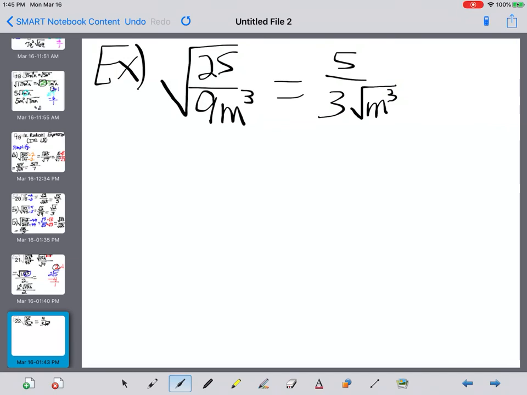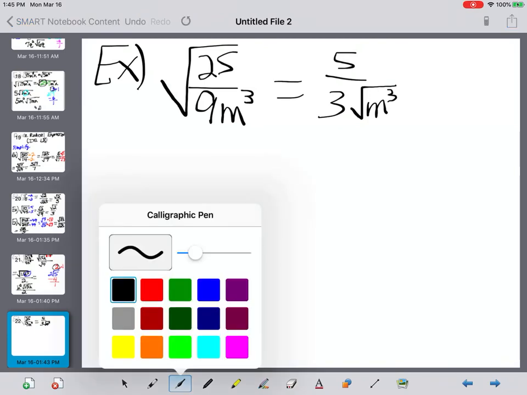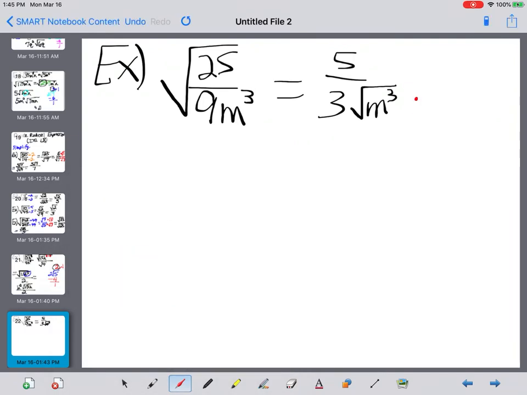One thing I could do first would be, there's multiple ways I could do this actually. I could just multiply the top and bottom by m to the third, so that might be the easiest thing to do. But there's another way I could do it. I could actually just take some of those m's out right off the start, but let's just do it this way.